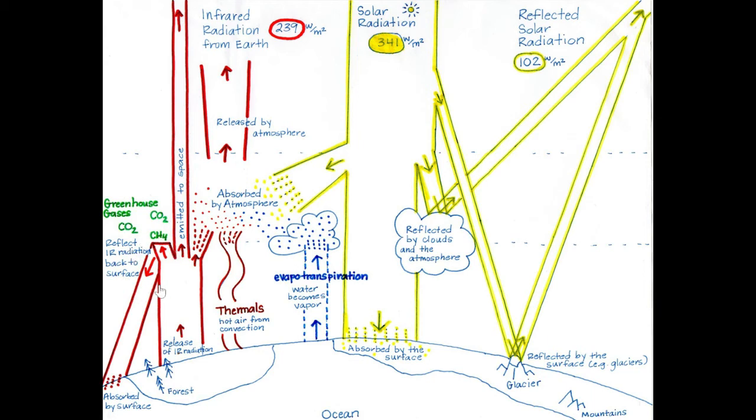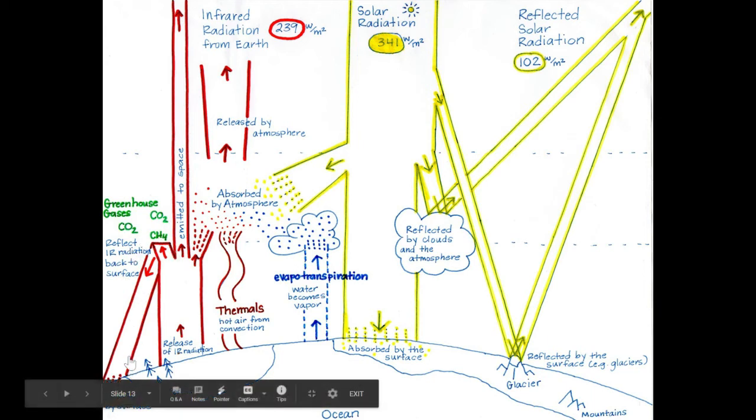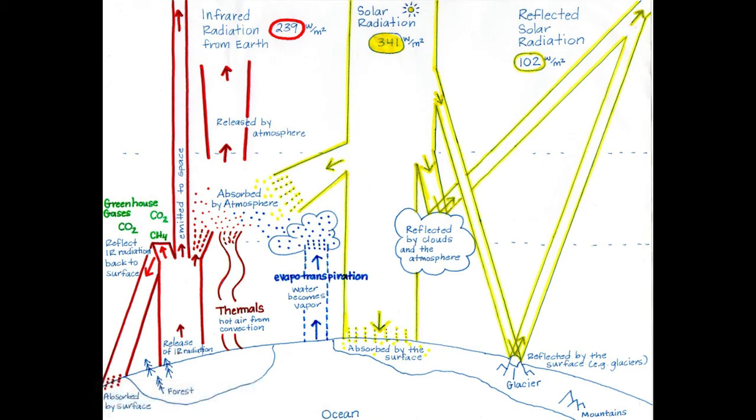So this reflection of radiation back to the surface actually keeps Earth's surface at a more comfortable temperature for life to happen. What's important to note is that this is ideal when the level of greenhouse gases in the atmosphere are ideal. If we have an imbalance in the amount of energy being reflected and emitted, we'll have a change in conditions on Earth's surface, and we could see a change in life as well.